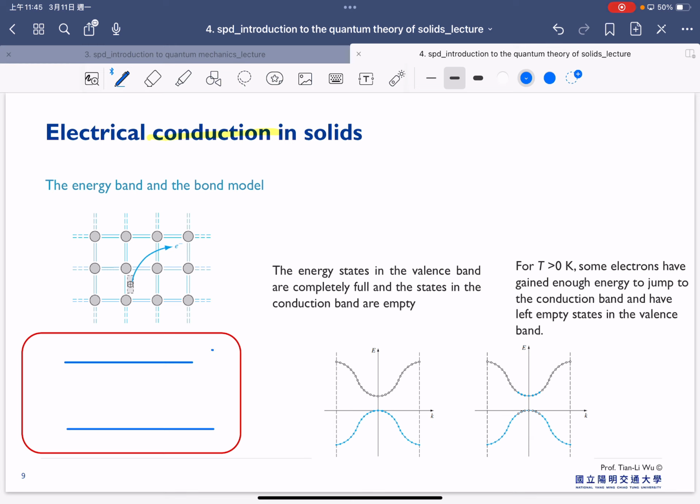So we have the EC, EV here, and we have the EG, that's the band gap here.